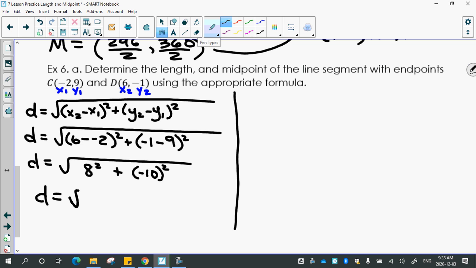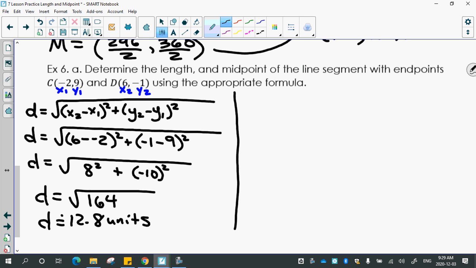And then you can enter that into your calculator. Remember, when you square a negative, you get a positive, so this is going to be 164 when you add them together. Pretty good. And then it'll be approximately 12.8 units.